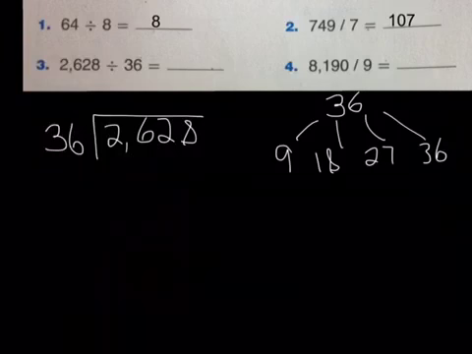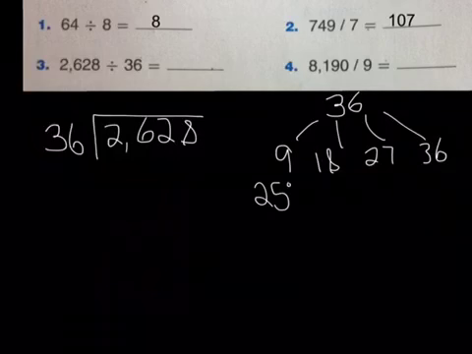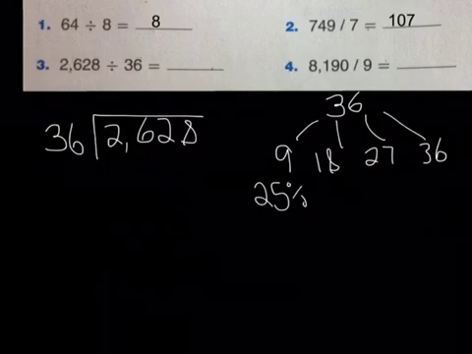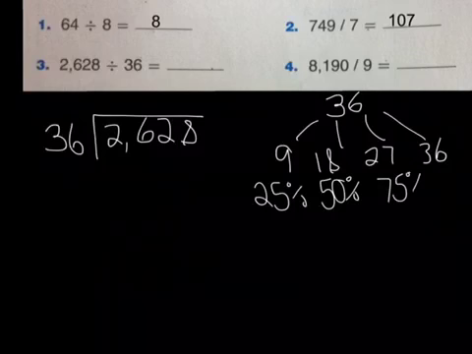When we divide 36 into 4 parts, we get 9, 18, 27, and 36. The reason I did this is to show you what 25% would be, okay, what 50% would be, what 75% would be, and what 100% of the number is.